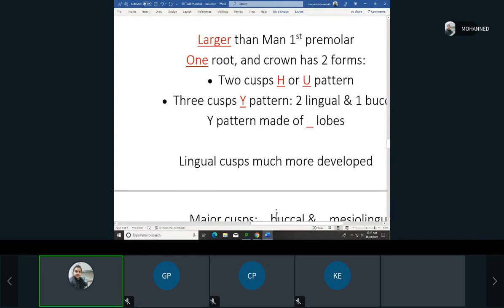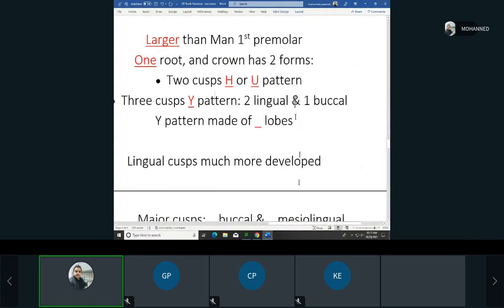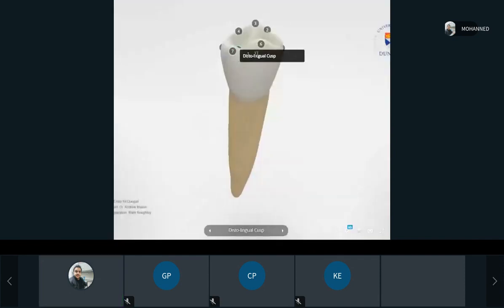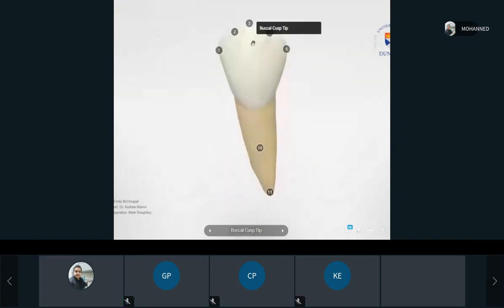So two lingual and one buccal. Like we saw here, we have a mesiolingual and distolingual cusps. So 2 lingual cusps and 1 buccal cusp.